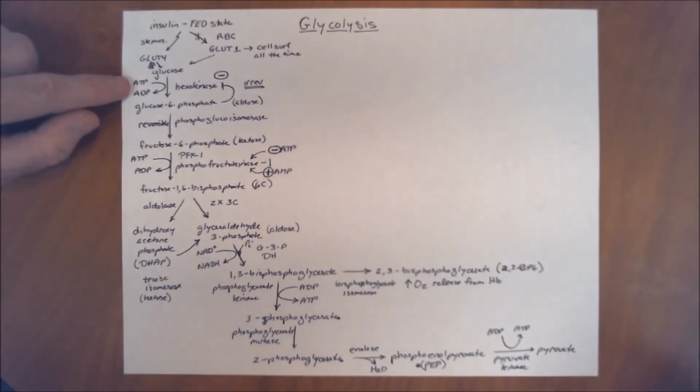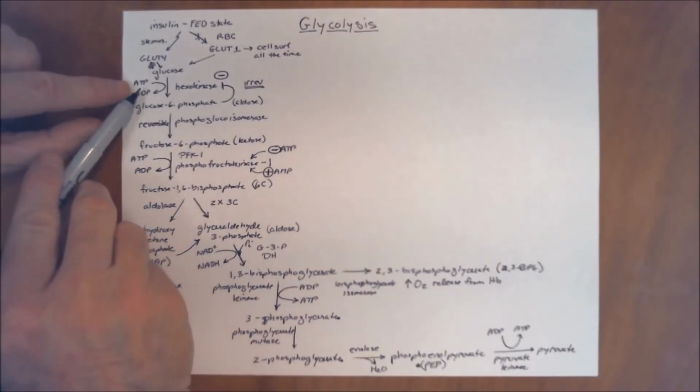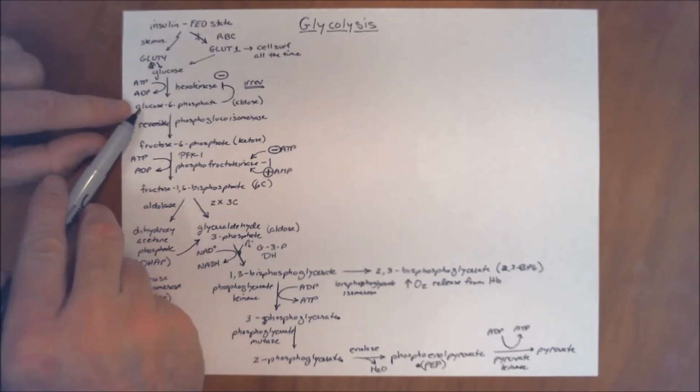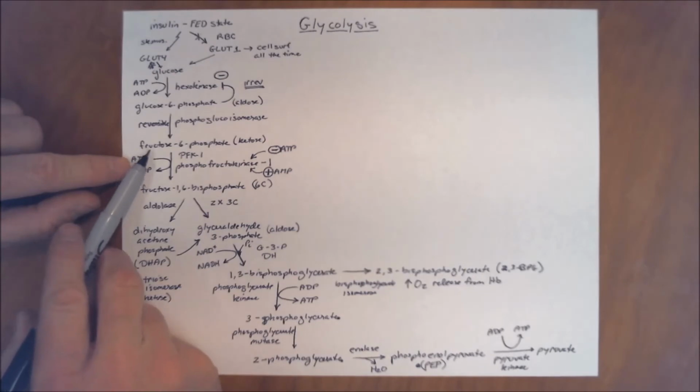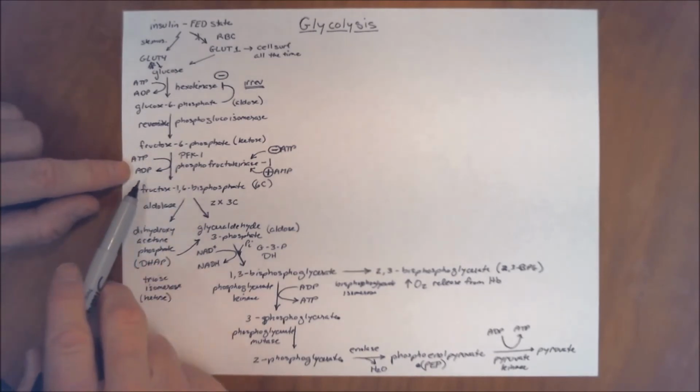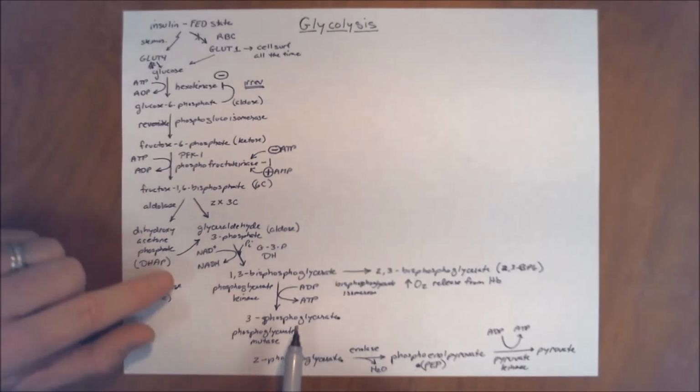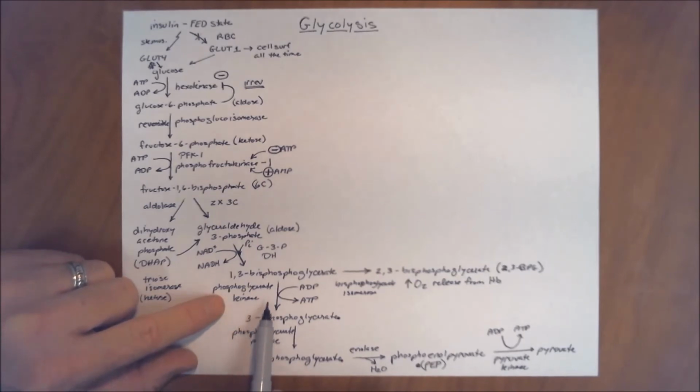So we've used 1 ATP to prepare the glucose into glucose 6-phosphate. We've used a second ATP to phosphorylate fructose 6-phosphate by PFK. Now we're starting to harness energy with phosphoglycerate kinase, ATP released, and pyruvate kinase also generating ATP.